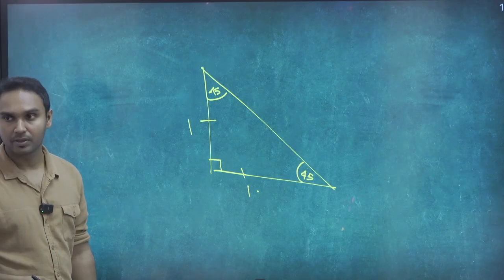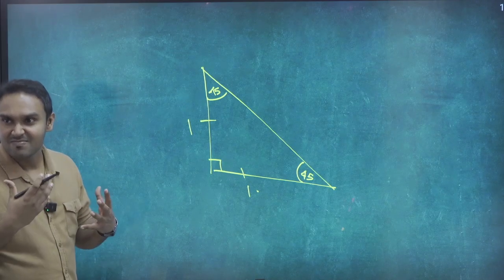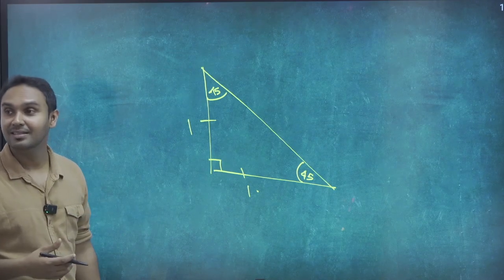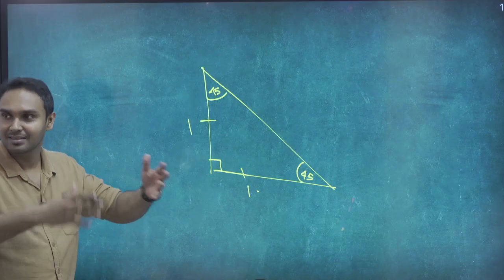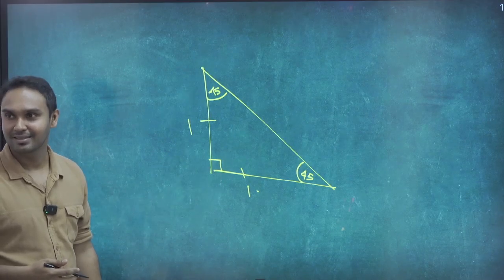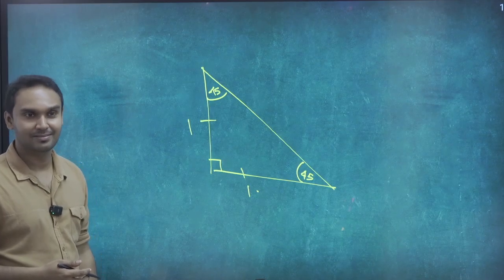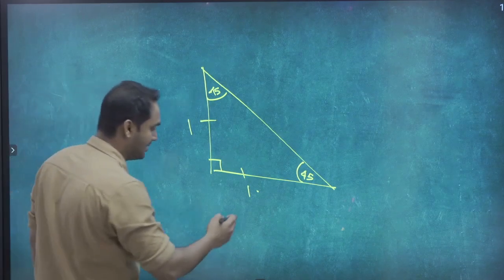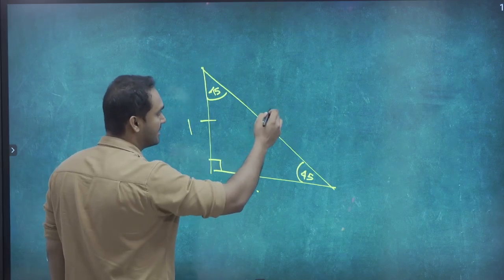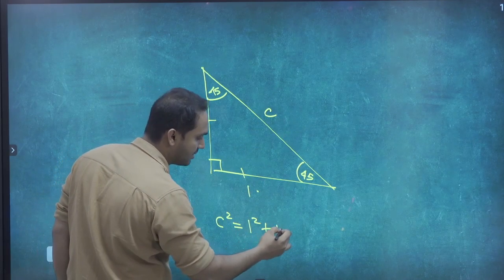How do you find the hypotenuse? If I take this as c, so c squared equals 1 squared plus 1 squared.